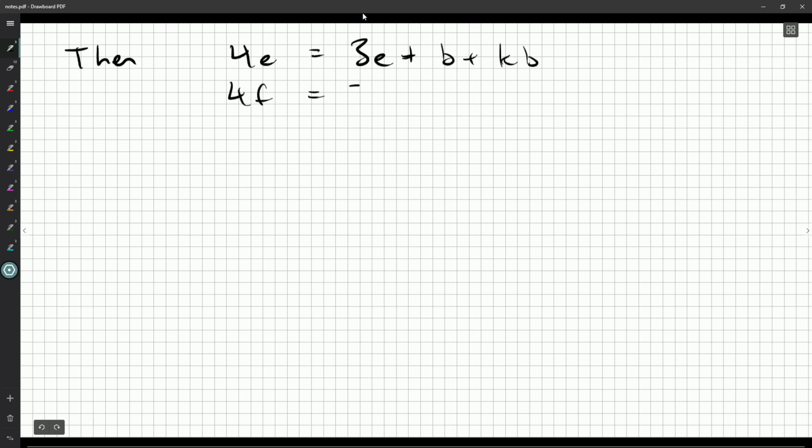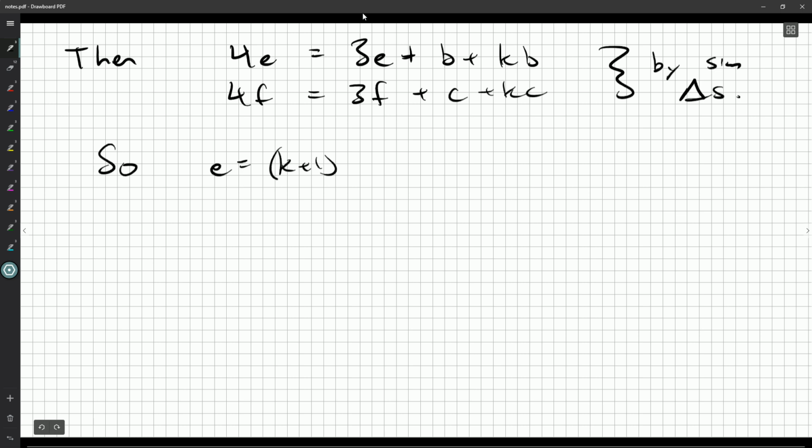And 4F is 3F plus C plus KC. And you probably want to remind them this is by similar triangles. So E is K plus 1 B, and F is K plus 1 C.